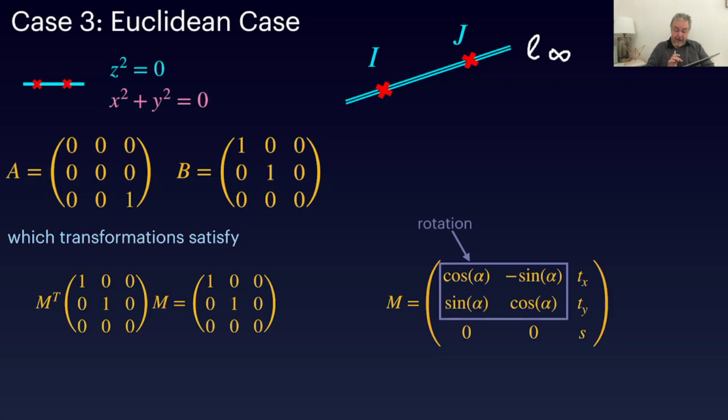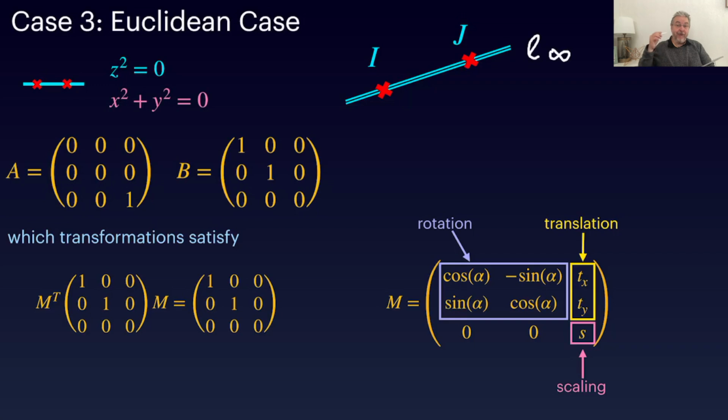Let me have a little closer look at this matrix. If you apply that to a standard embedding of the projective plane, what you get is here a little Euclidean rotation matrix. So you get rotations of your objects, and you also get a translation part that moves your objects around, and you get a scaling part.